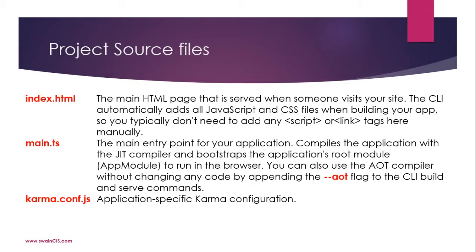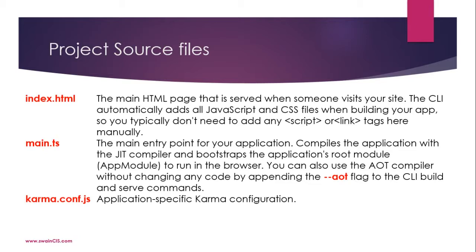Main.ts is the file where your application starts. It compiles the application with the JIT compiler and bootstraps the application's root module, AppModule, to run in the browser. You can also use the AOT compiler without changing any code by appending the AOT flag. We have the JIT compiler and AOT compiler, but if you want to run AOT, you need to use the AOT flag.